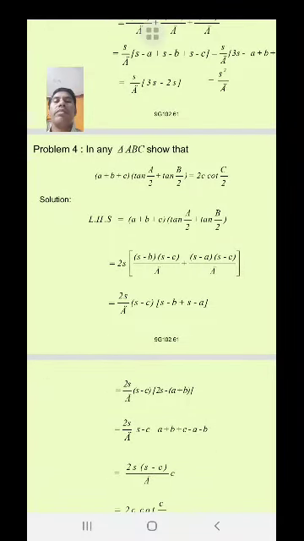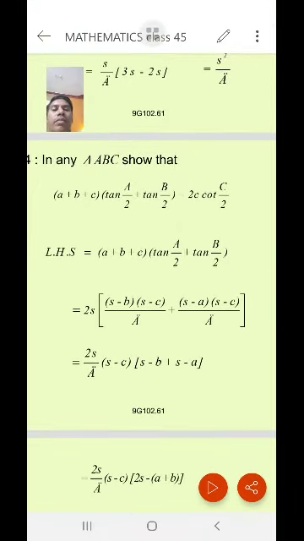Next problem. In any triangle ABC, show that a plus b plus c into tan A by 2 plus tan B by 2, it should be in a bracket, equals 2c into cot C by 2. So take LHS, that is a plus b plus c into tan A by 2 plus tan B by 2.